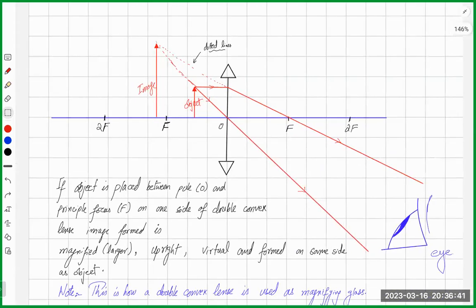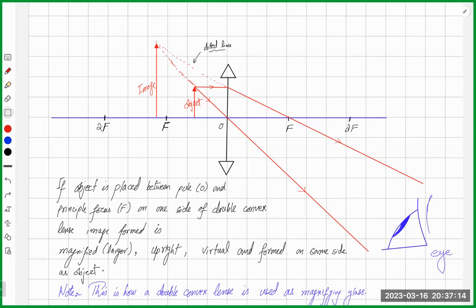If a light ray goes parallel to the principal axis, it bends towards F. If a light ray goes through O, the optical center, it passes straight through. The eye is positioned over here, and this is where the eye is important. I hope you can see that the image is not formed because the light rays were spreading instead of merging towards one another.